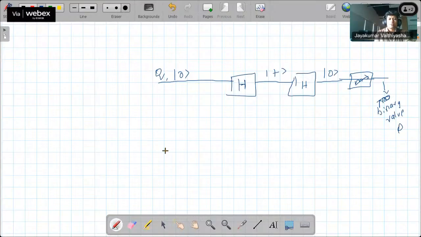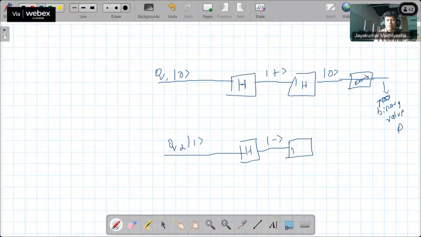Same way, if you have a second qubit Q2 and the starting state is plus, and if you are applying a Hadamard gate, it will go to the negative state. Again, if you are applying a Hadamard gate, you will get state 1. When you do measurement, you will get binary value 1.